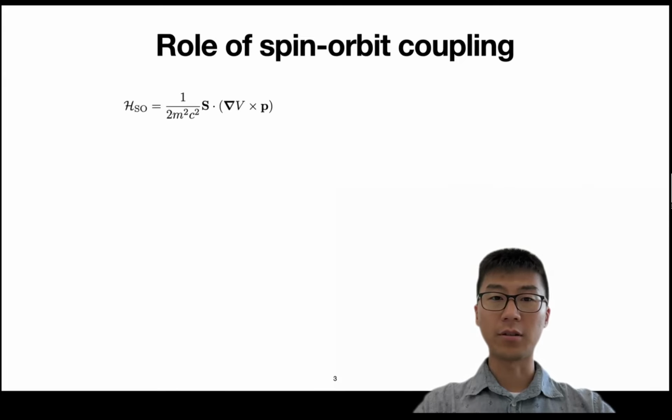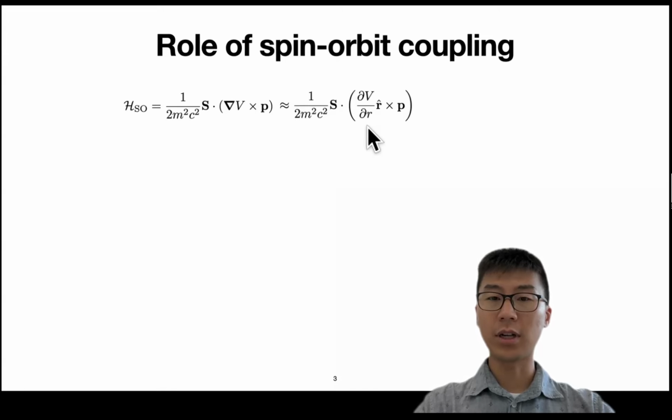Spin-orbit coupling in general in solid state is written in the following form: S times gradient of potential V times P. But the gradient of V is, in fact, mostly strong near atomic cores. So you can use a spherical approximation near atomic cores, because that's where the potential gradient is the strongest.